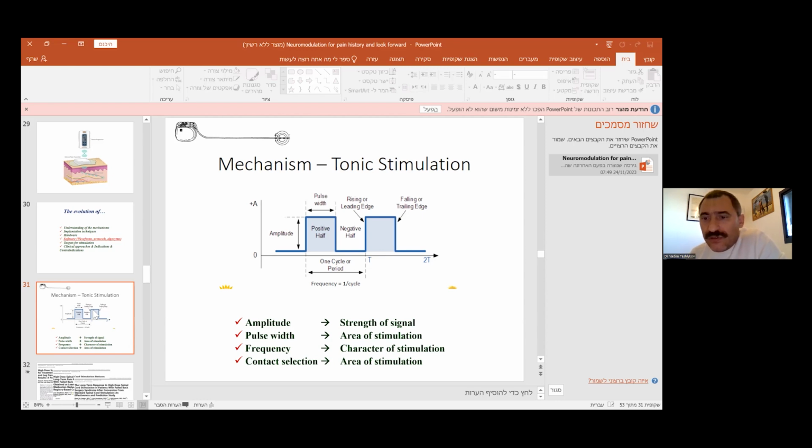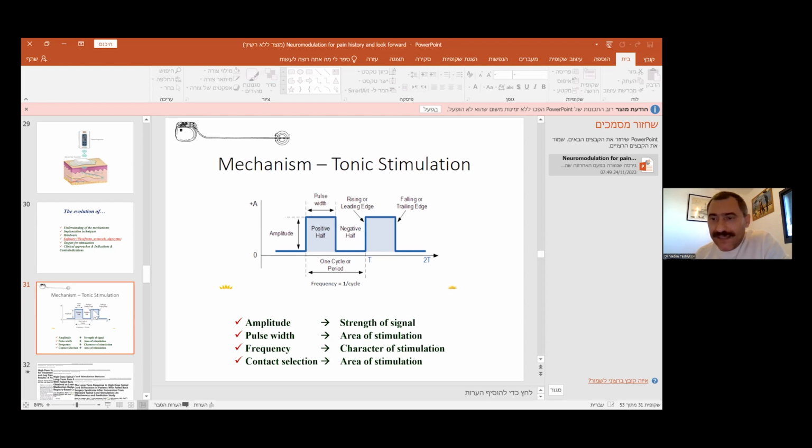There are some observational criteria of such waves and waveforms. When we change the amplitude, we can change the strength of the signal. When we change the pulse width, we can change the area of stimulation. When we change the frequency, we can change the character of the stimulation, and we can change different contacts, anode and cathode, and make changes of the stimulation.